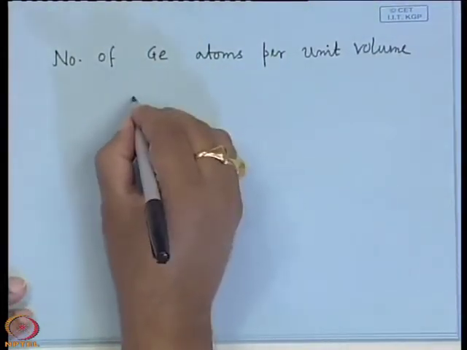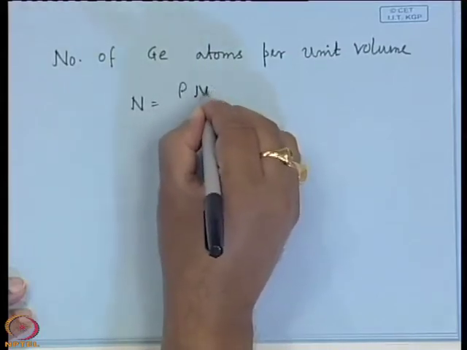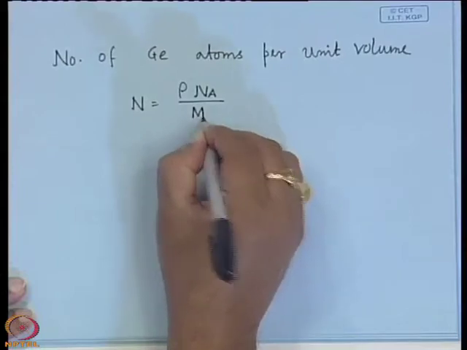It is given by n equals rho Na by M, the atomic mass.